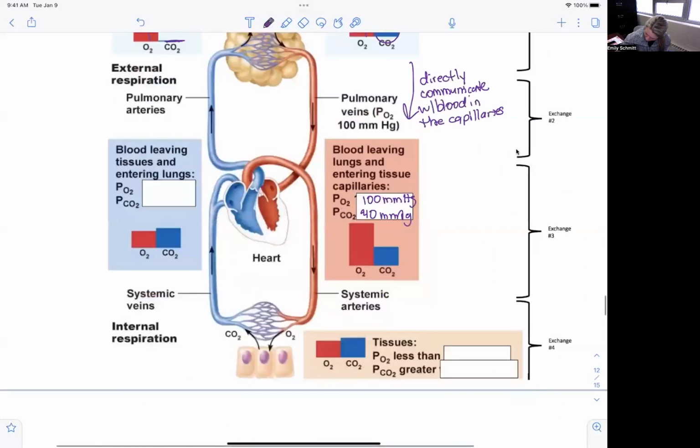We then will go down to the tissue level, where the partial pressure of oxygen will be less than 40, and the partial pressure of carbon dioxide is going to be greater than 45.